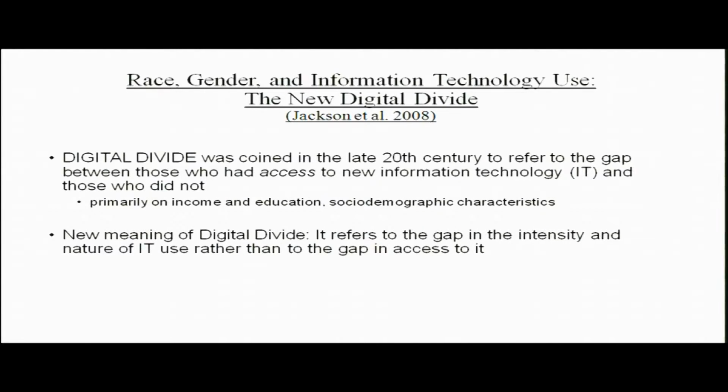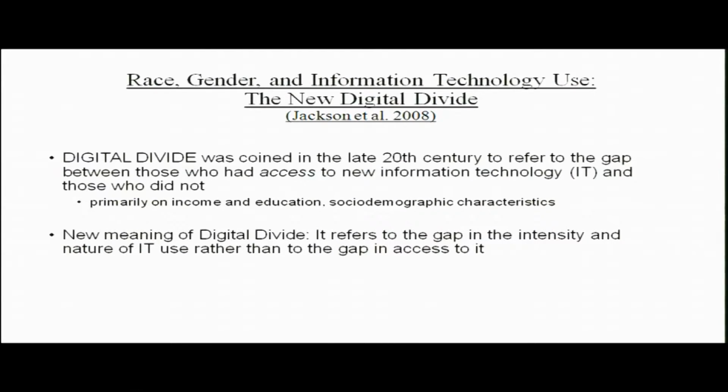So, digital divide was coined in the late 20th century to refer to the gap between those who had access to new information technology and those who did not. And it was primarily on income and education, socio-demographic characteristics. That was the classical idea of the digital divide.